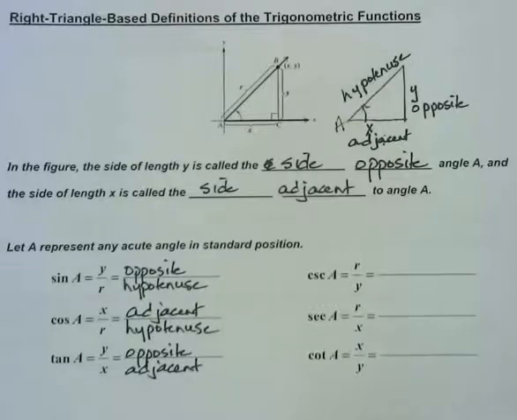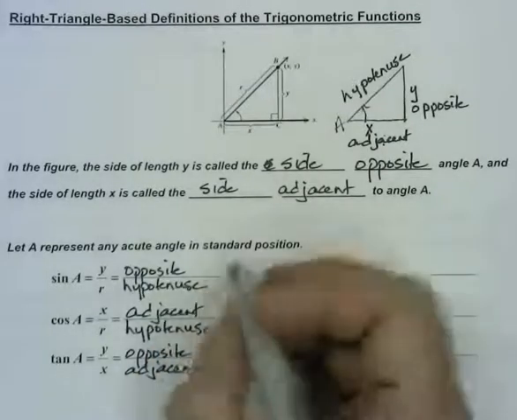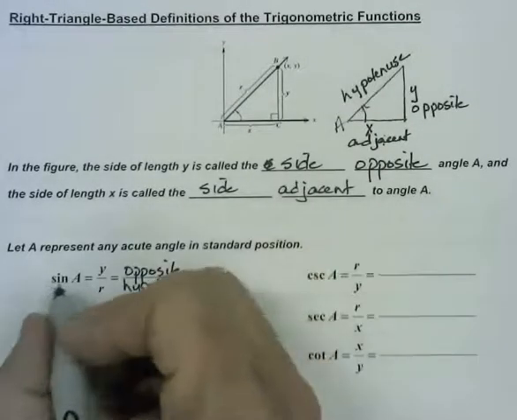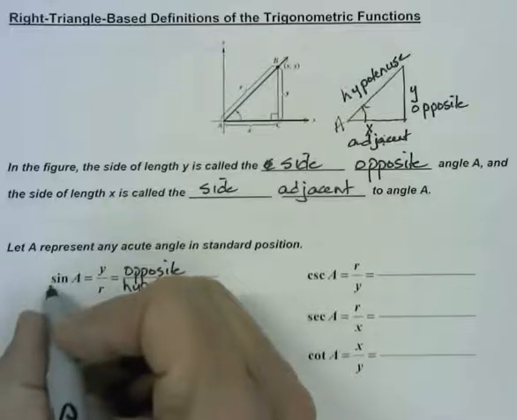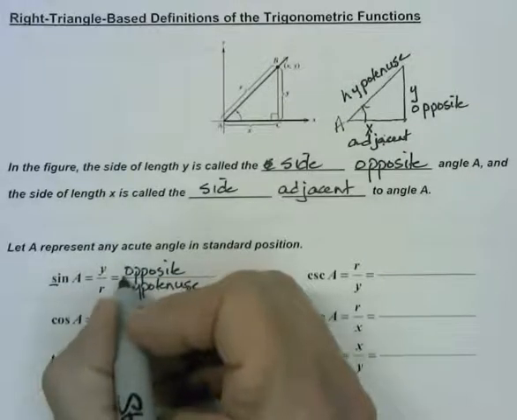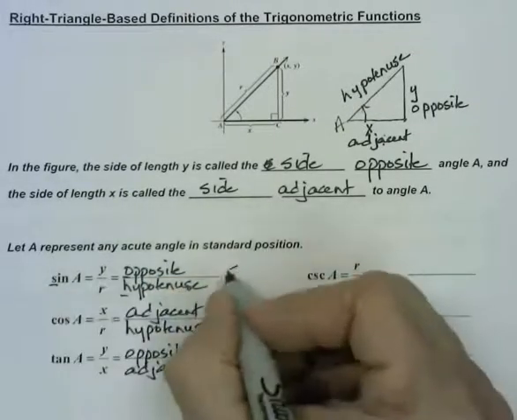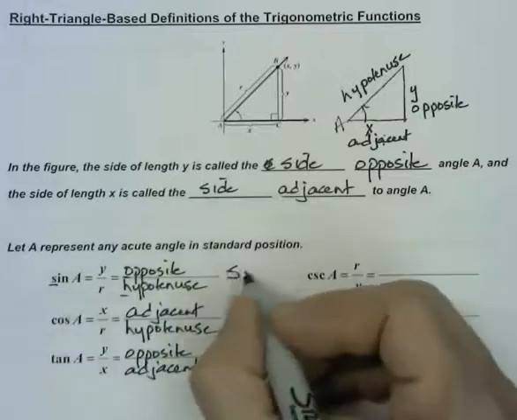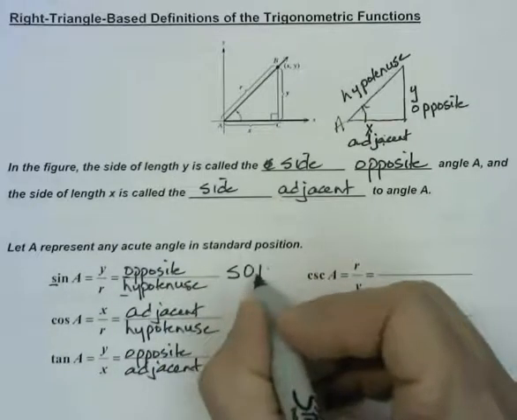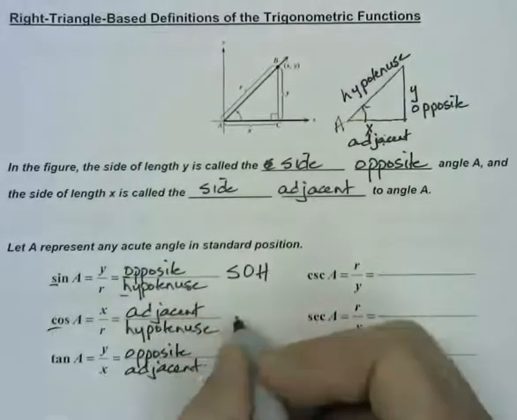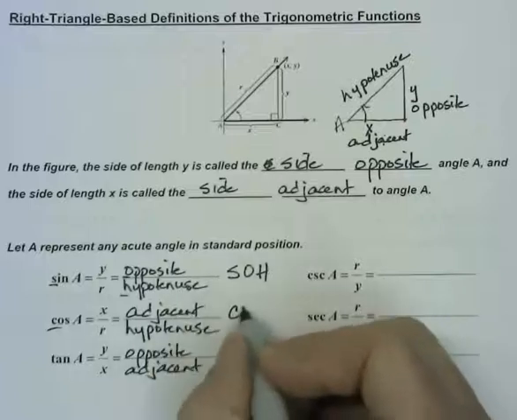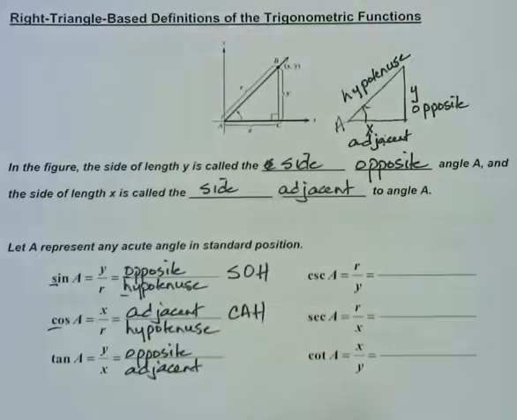If you can remember these 3, then you just have to remember which ones are reciprocals to get the other 3. Now there's a memory trick for this, and to do that we use the first letters of the function and then the 2 sides. So for sine, we've got S for sine, O for opposite, and H for hypotenuse. For cosine, we've got C for cosine, A for adjacent, and H for hypotenuse.